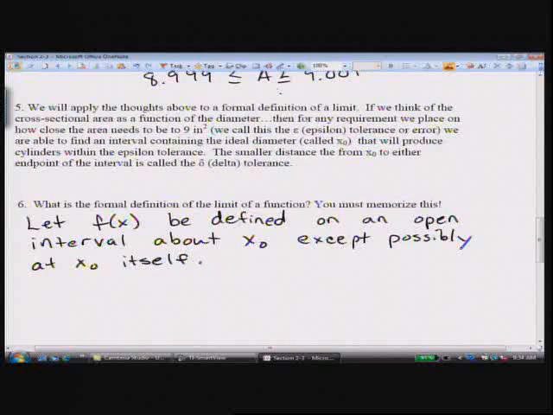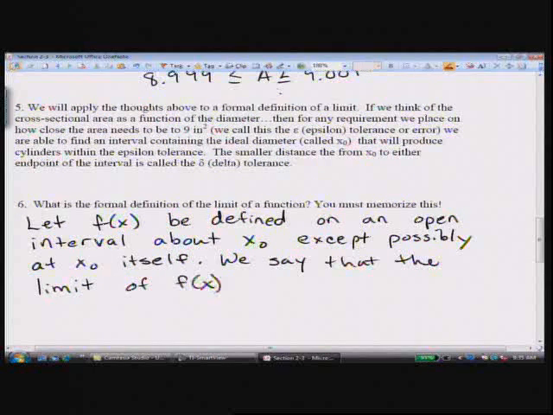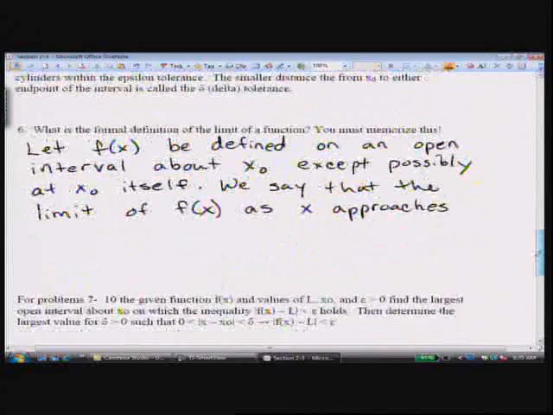We say that the limit of f of x as x approaches, I don't like that word because it says the word roach in it. I don't like roaches.